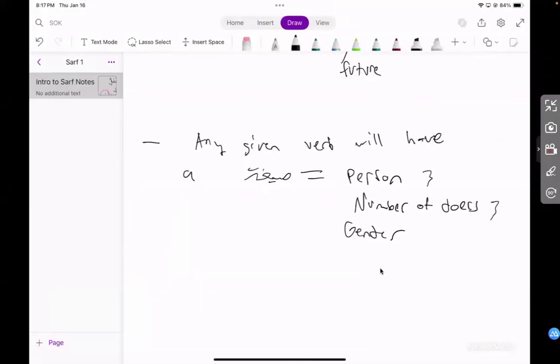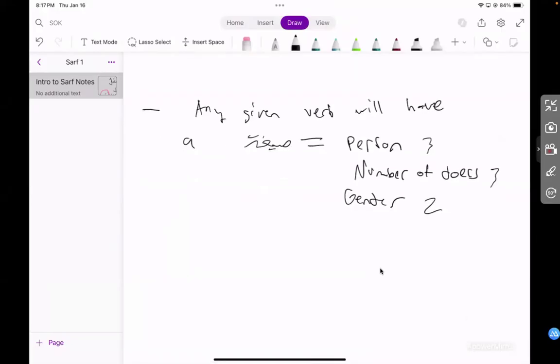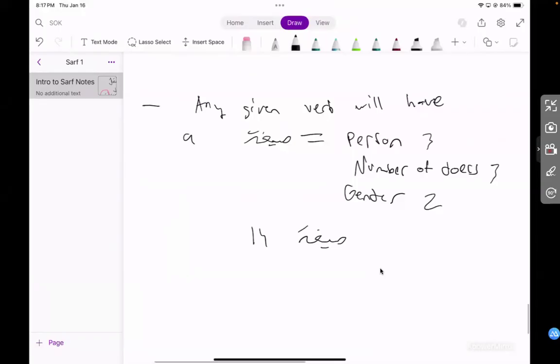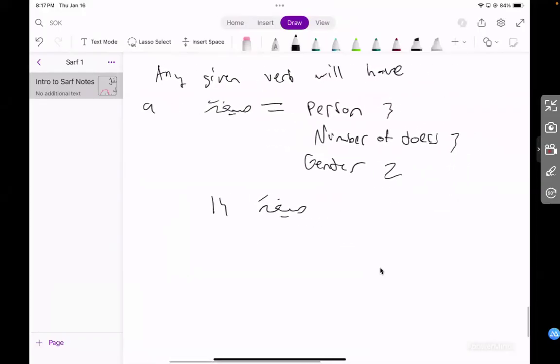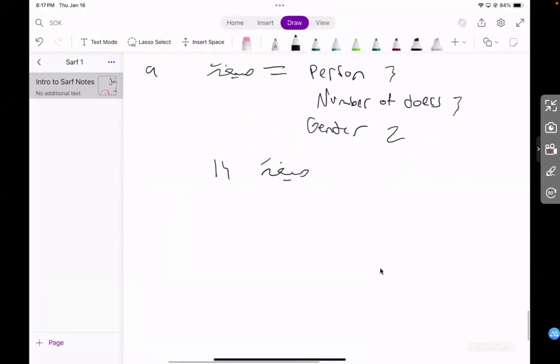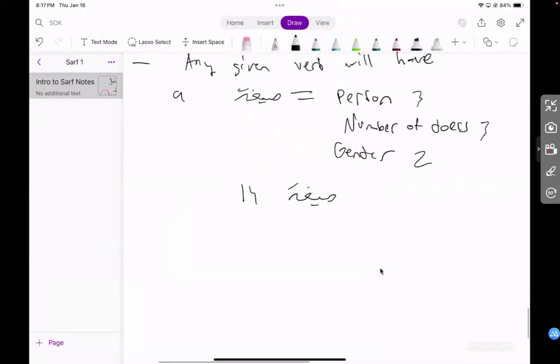And you can have up to two genders. Eventually, we end up with 14 sighas. All your af'al, with the exception of amar and nahi, will have 14 sighas in total, from fa'ala all the way to fa'alna, and then yaf'alu, yaf'alani all the way to naf'alu. Some people put the next topic under sigha as well, but some keep it separate. You can do it either way.